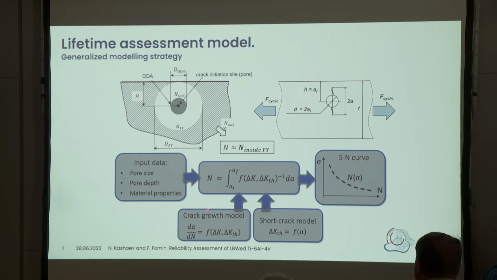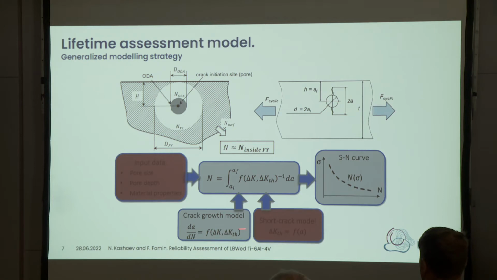For this purpose, we need a crack growth model, and especially for that kind of cracks, we need a model that considers the behavior of short cracks. So we have to consider the effect of fatigue crack growth near the threshold. The challenges are input data and the short crack model.